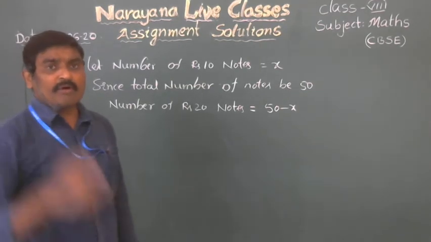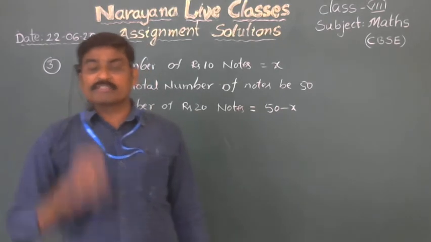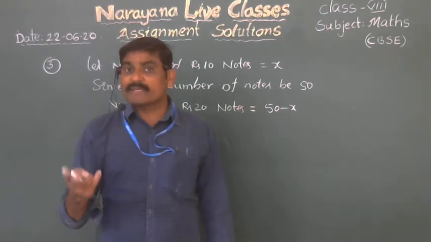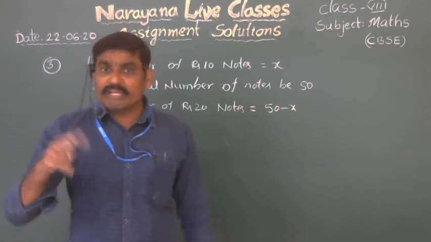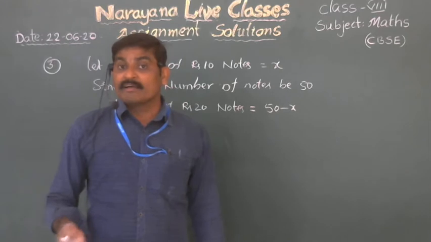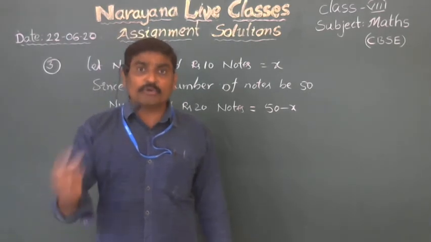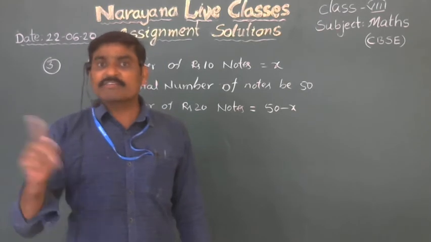Now we will get the total amount. For example, I have two 10 rupee notes. So what is my amount? 2 into 10, 20 rupees. If I have 10 ten rupee notes, 10 into 10, I have 100 rupees. That means the value of the note into the number of notes gives the total amount.